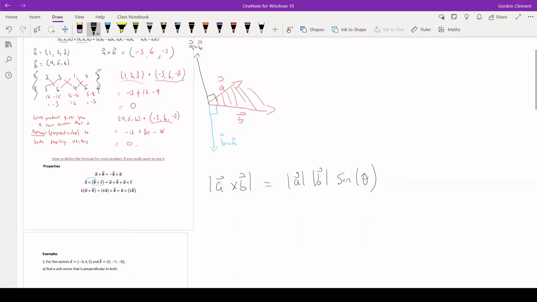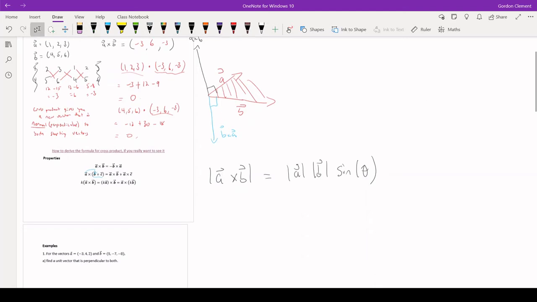I'm never going to worry too much about the direction for our course, but if you get into a physics course, you might have to learn a left-hand rule or a right-hand rule depending on how they teach it, but that shows you whether it's going to be sticking up or sticking down, but we're not really worried about that for our course. We'll probably never actually use this formula.